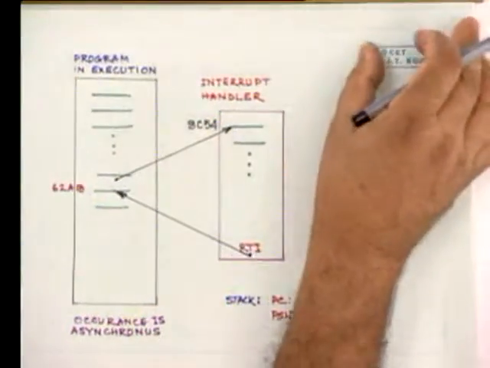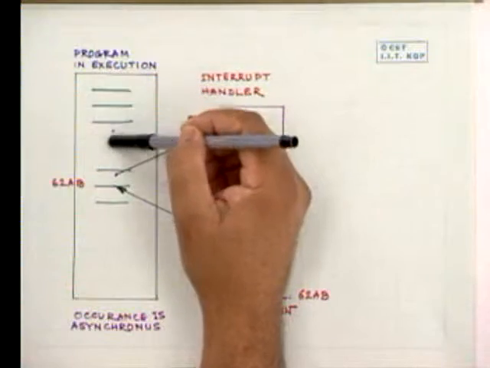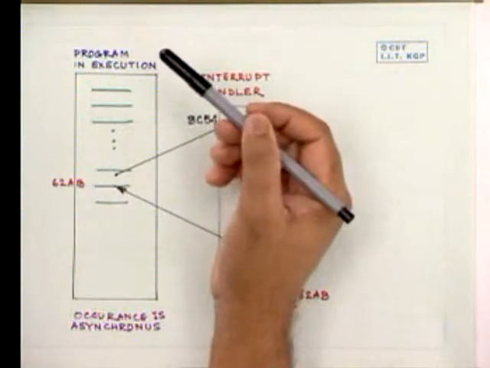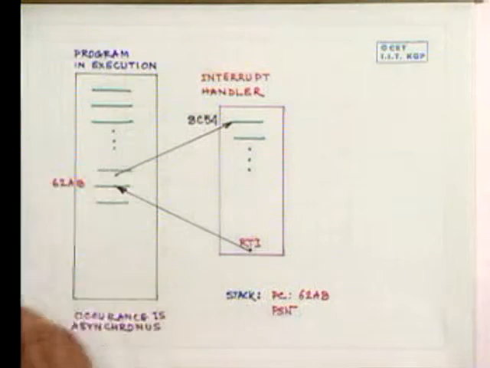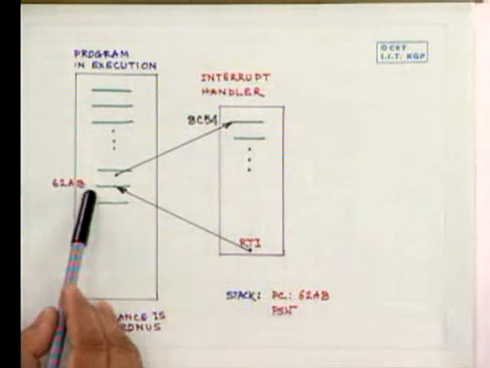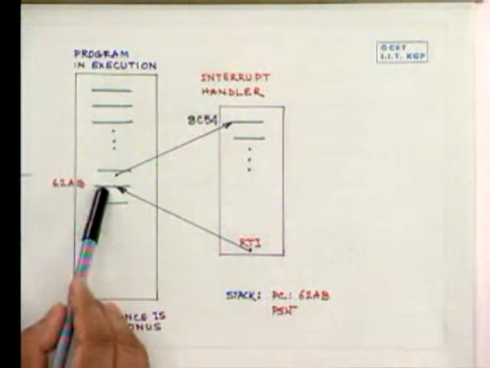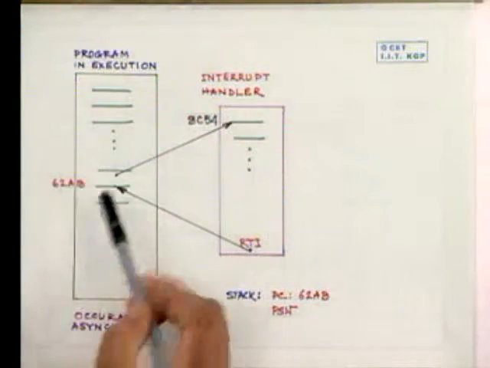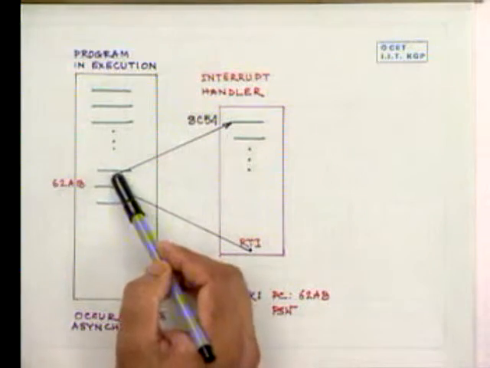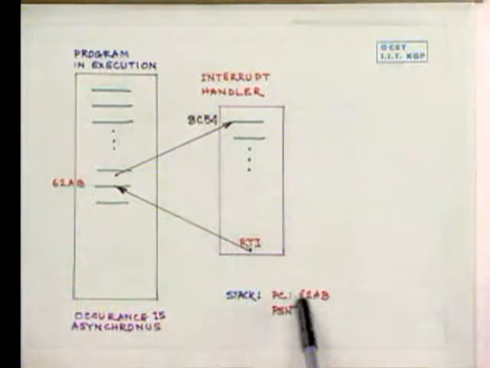The device was excited quite earlier, the CPU is executing this, possibly when this instruction was being executed, when the program counter is holding the address of the next instruction, which is 62AB, and the interrupt has happened.